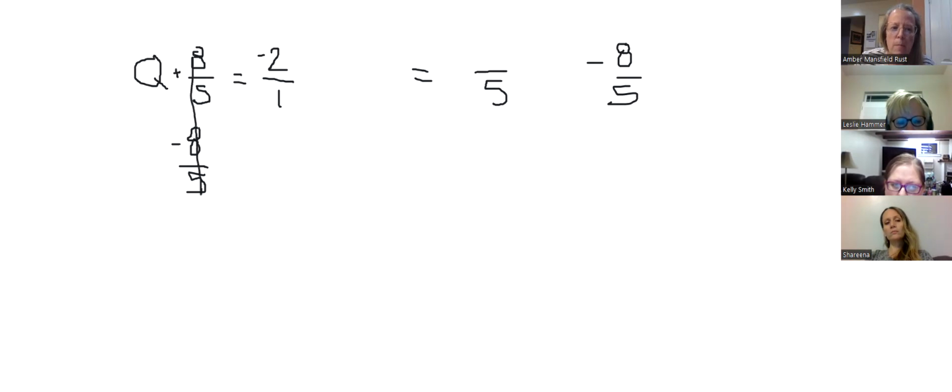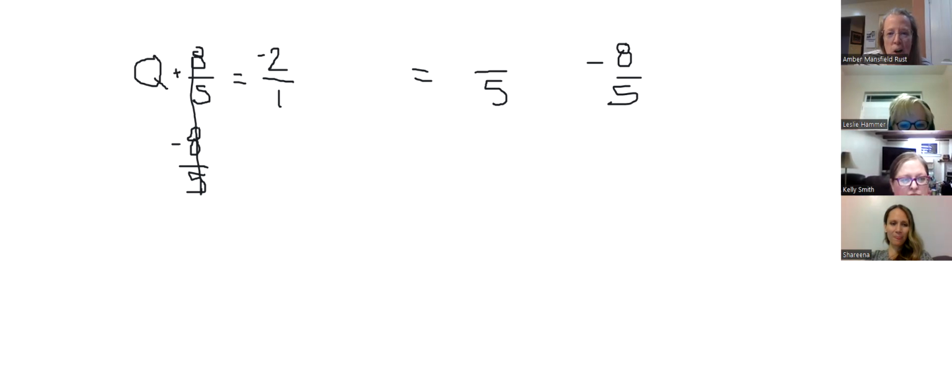Just to subtract, just like a regular number, but it's a fraction. Exactly, and we subtracted it on the other side. Okay, we're good.